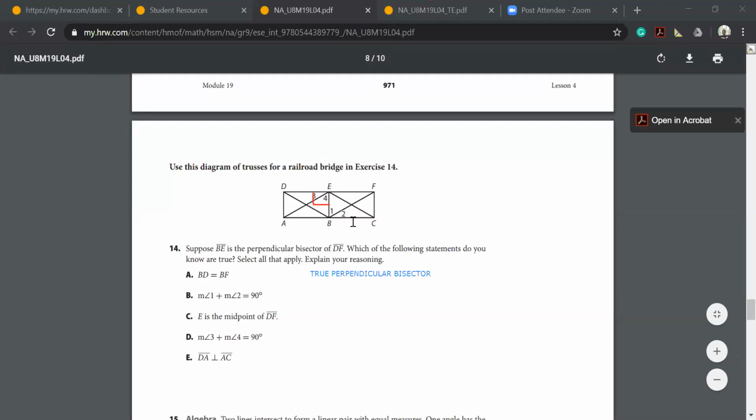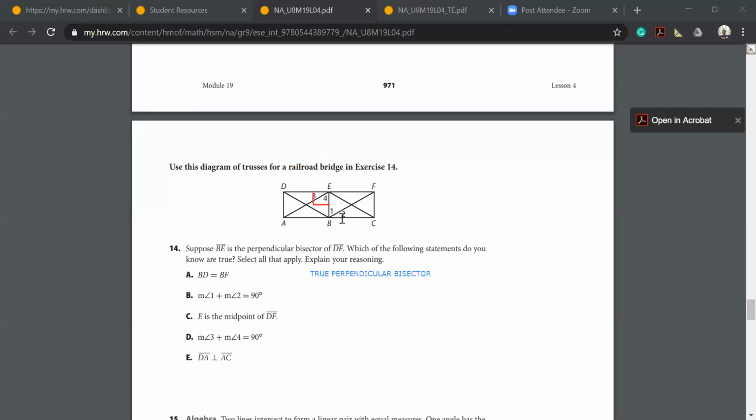But do you know for sure that 1 and 2 is equal to 90 degrees? You know when you would be sure? If he told me that DF is parallel to AC. If DF was parallel to AC, then these two angles would be alternate interior, so they would be equal. But even the information of parallelism, he didn't tell it to me.